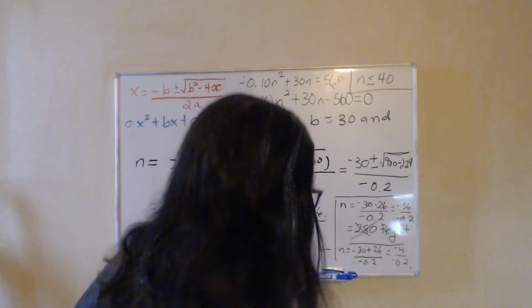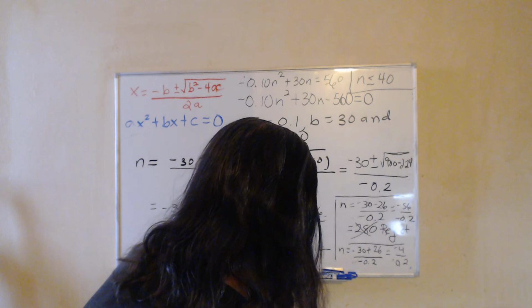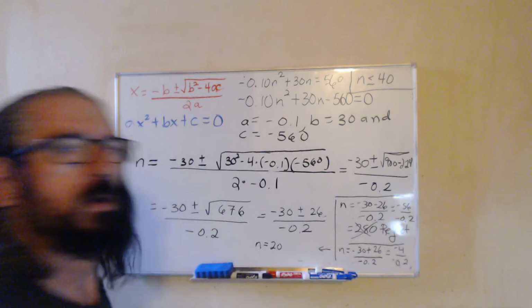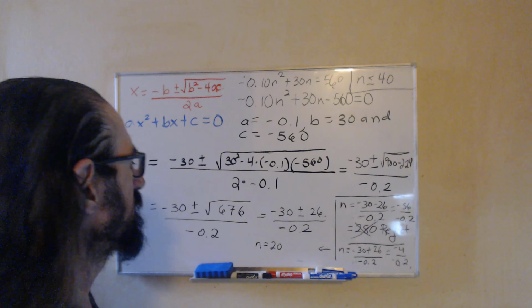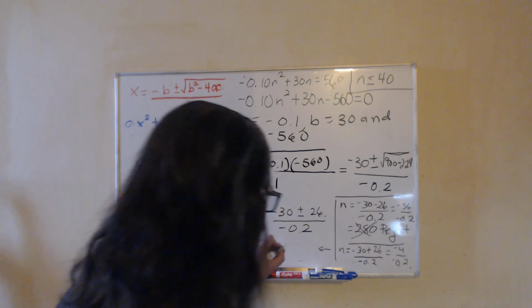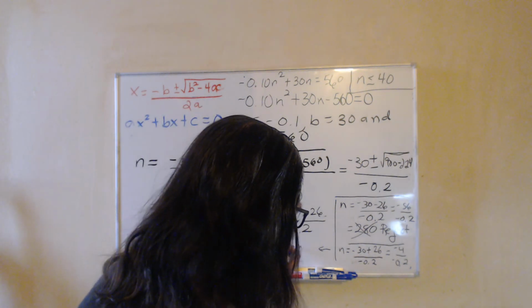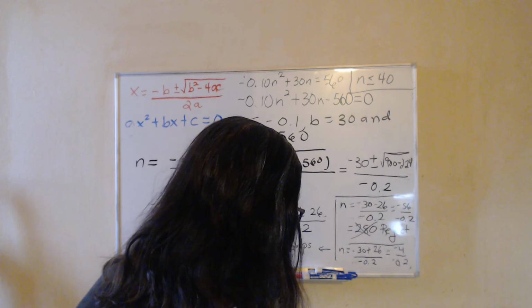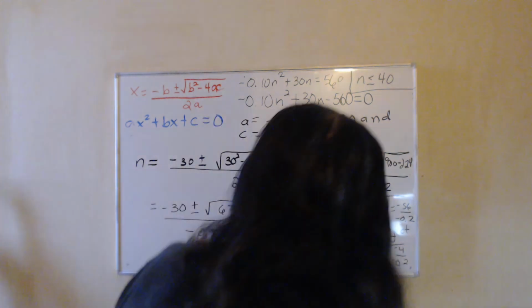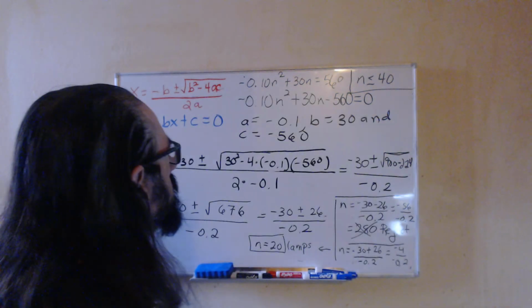That one is less than or equal to 40. So to get a revenue of $560, they would have to sell 20 lamps.